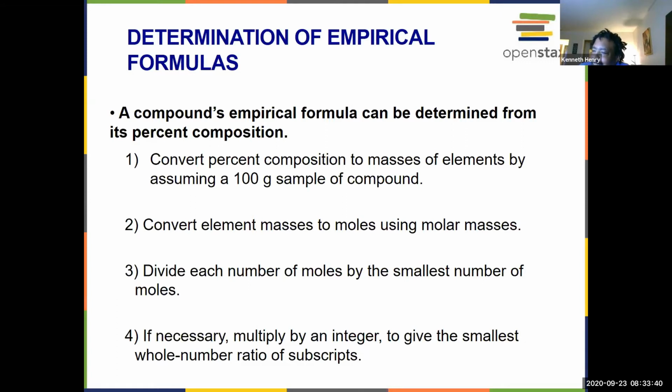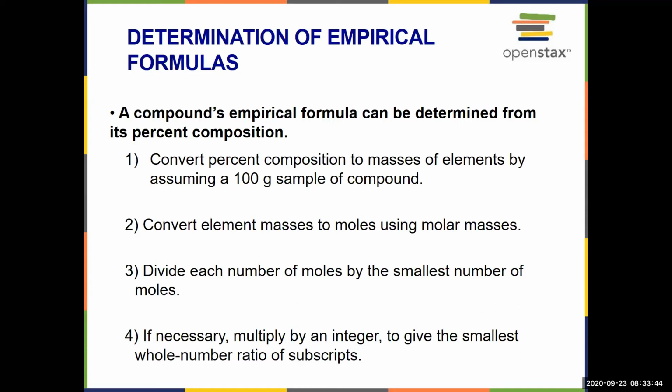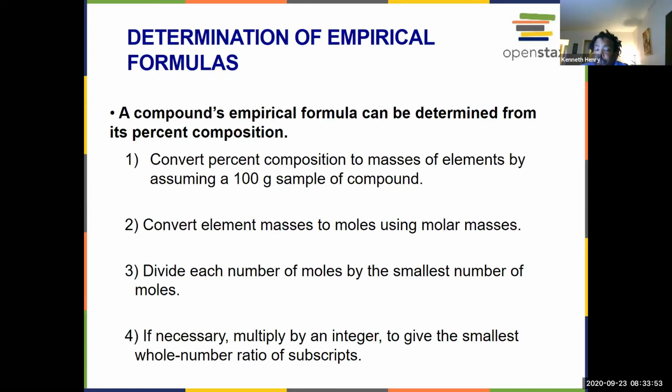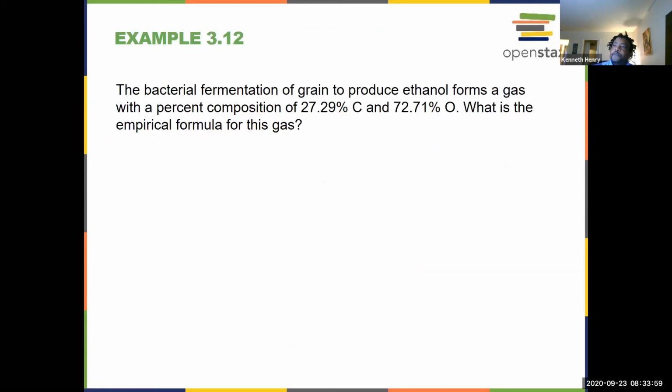So what is the assumption that we can make if we're given a percentage? That it's out of 100. So we can assume that it's out of 100 grams. That's the assumption that we're going to make here.